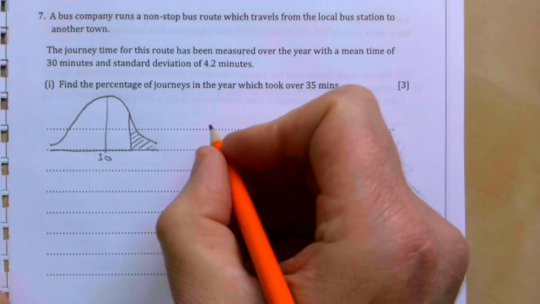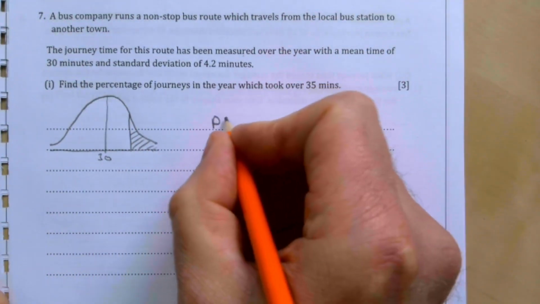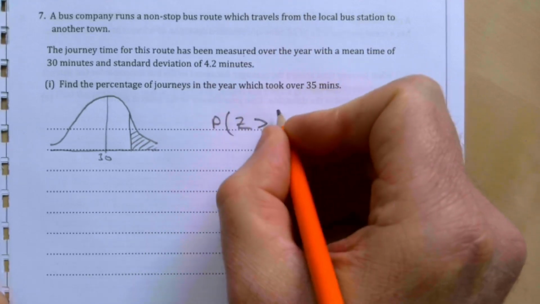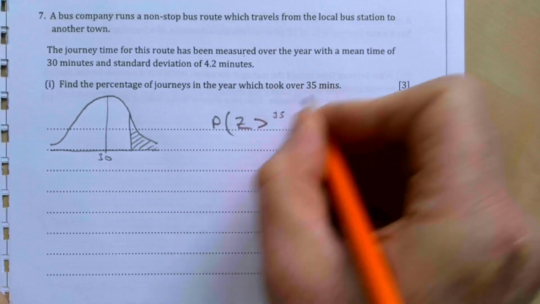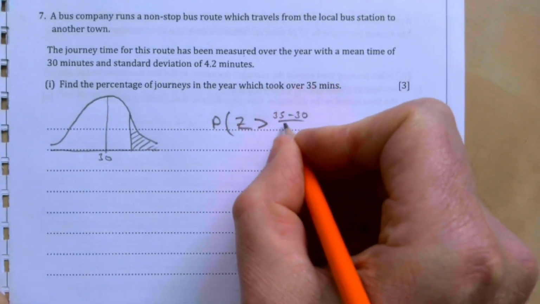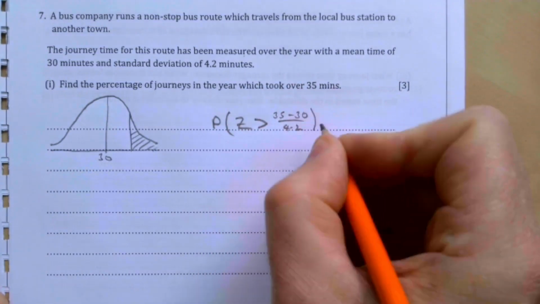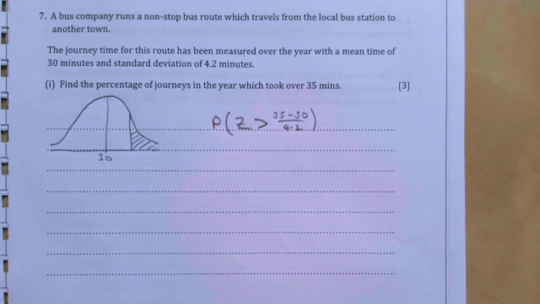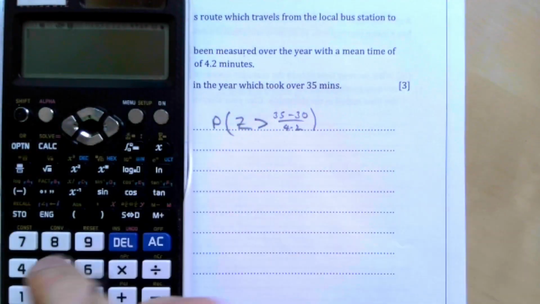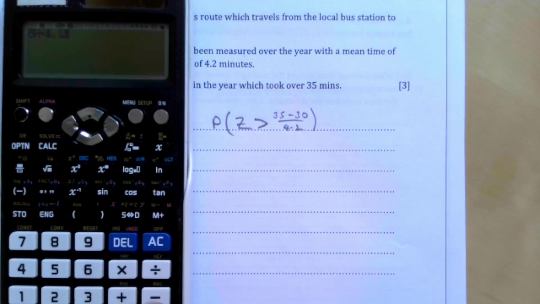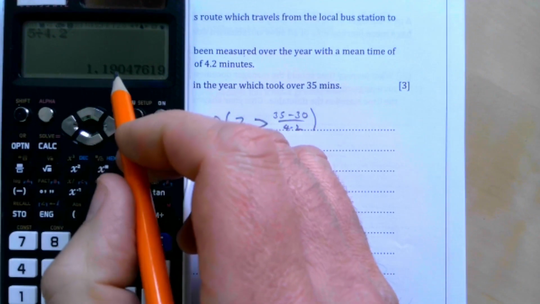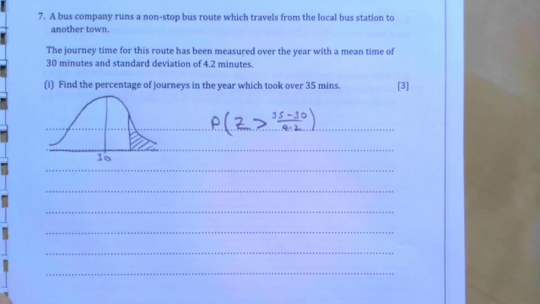So we're looking for the probability that Z is greater than, and my Z value here is going to be 35, so taking over 35 minutes minus 30 all over sigma, which is then 4.2. 35 take away 30 is obviously very easy, so if I divide by 4.2, 1.1905.